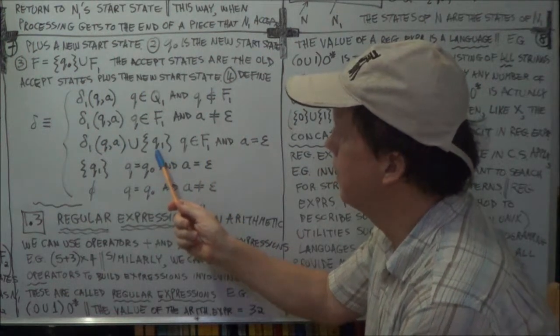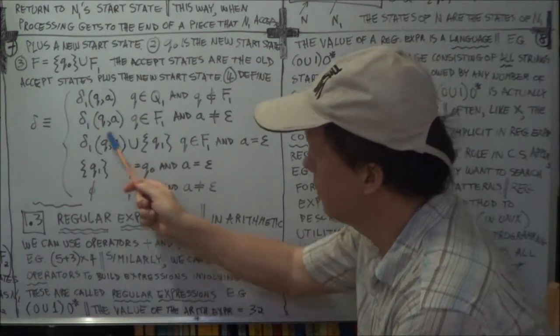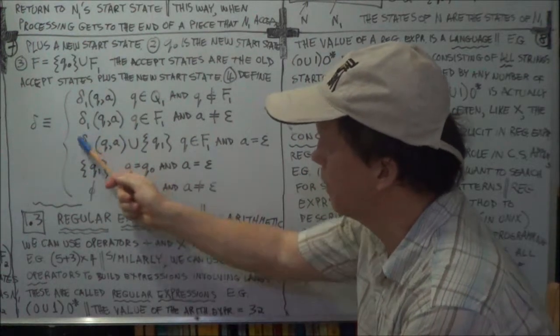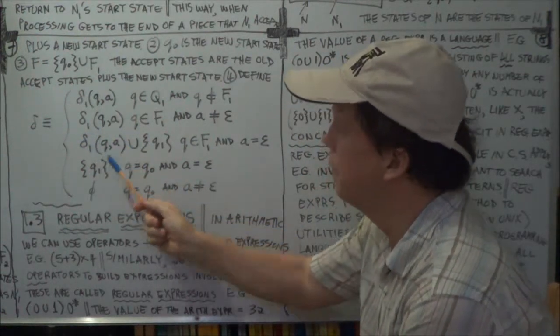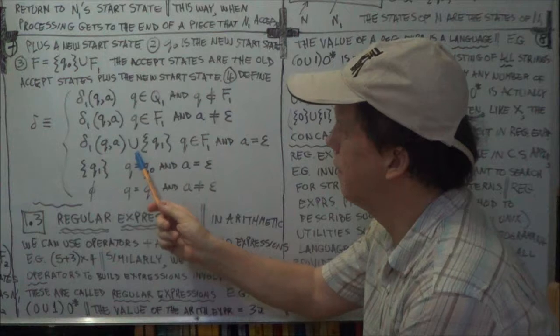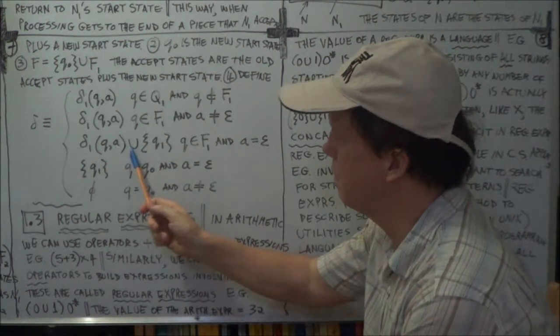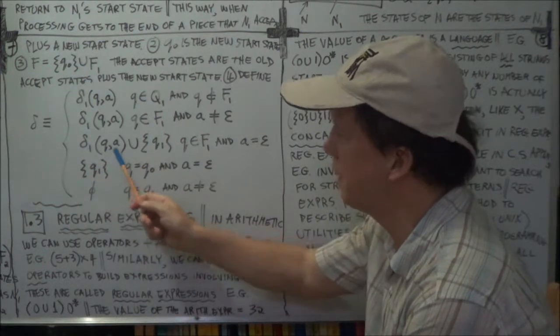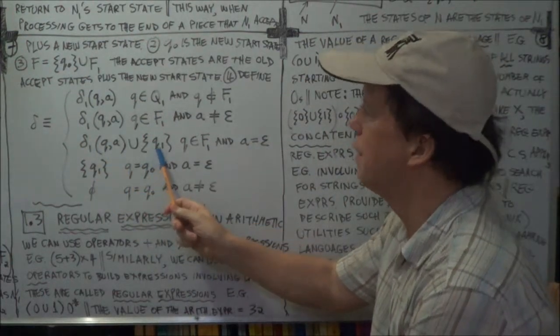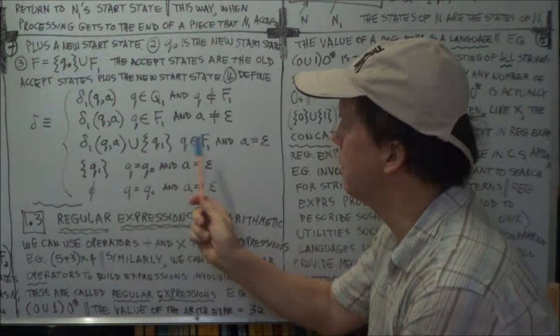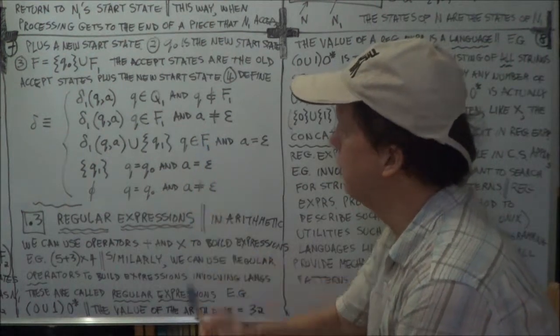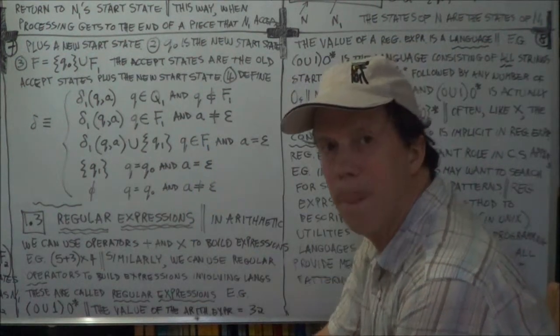So your set of next states will include, besides the usual, the starting state, because you've reached an accept state.